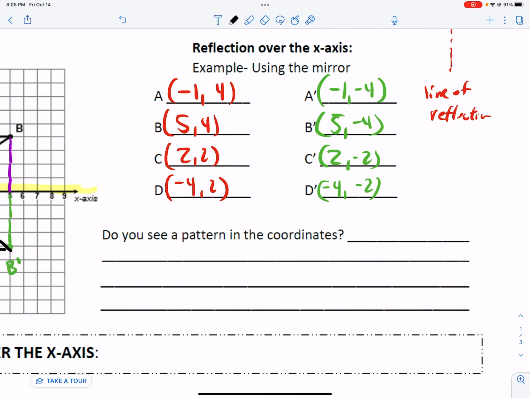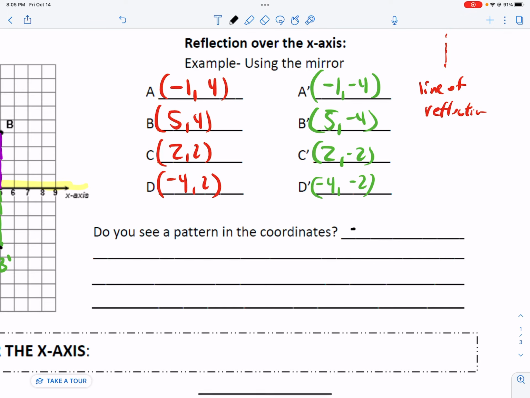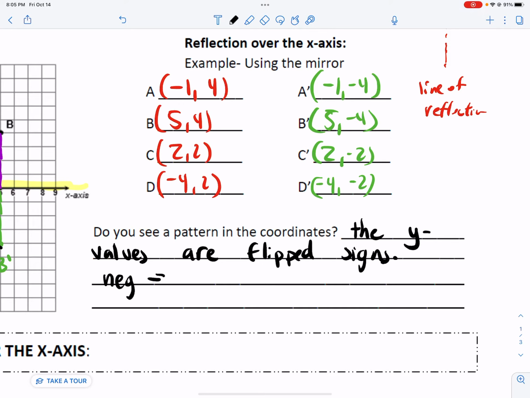That's correct. The pattern is that the y values flipped signs. That means that negatives become positives and positives become negatives.